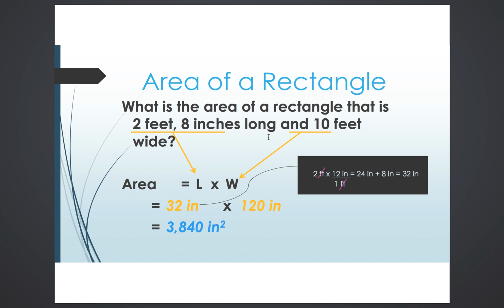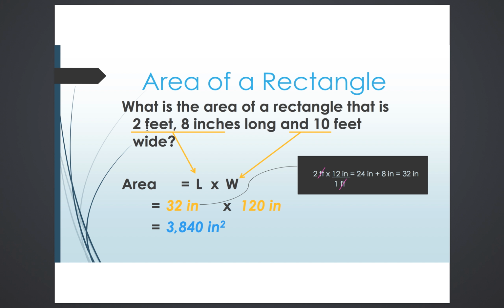Same here. This is giving us measurements in a mixture of feet and inches. So we have the choice of either converting it to feet or converting it to inches. So in this case, we chose to convert it to inches.